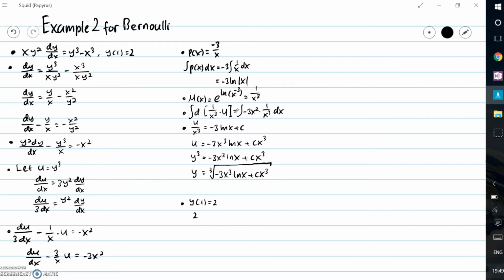Given the information that y(1) equals 2, we can calculate c, which is 8. By putting c back into the equation, we have the final equation, which is the cube root of -3 ln x plus 8x cubed.